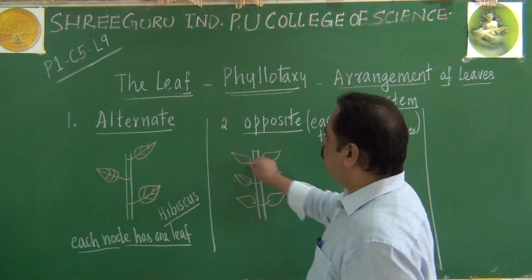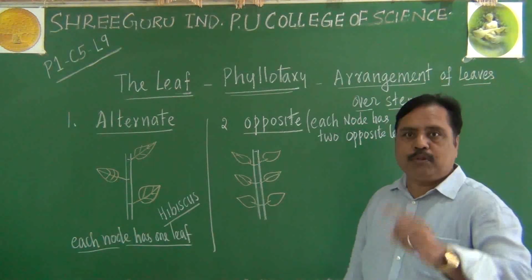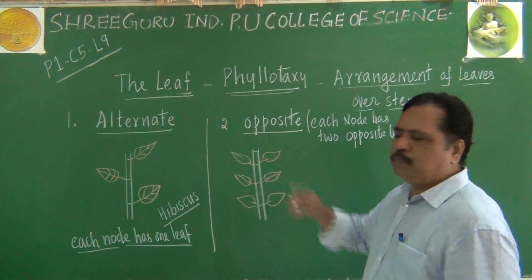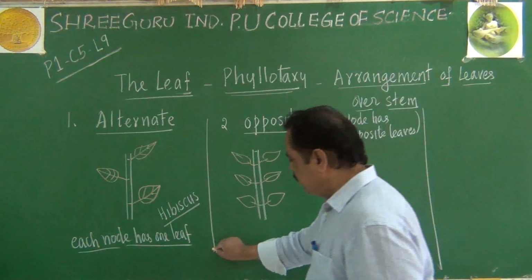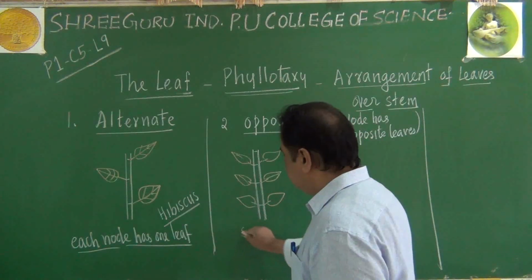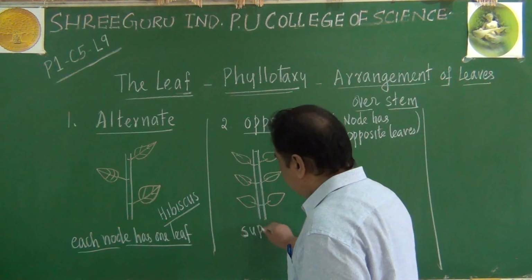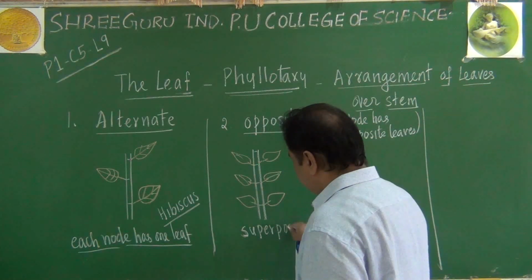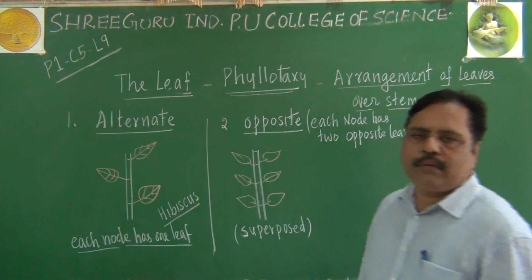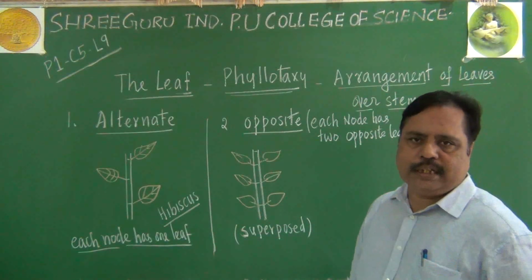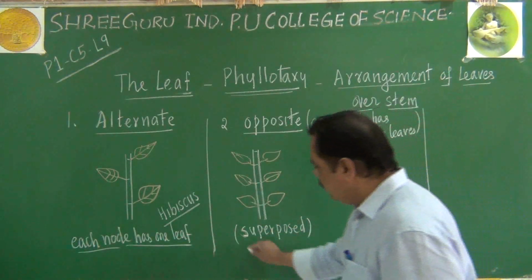So the two leaves are present, but they are in opposite direction. Then it is called opposite superposed type of phyllotaxy, it can be called. Opposite superposed, facing opposite each other, okay, this is opposite superposed.